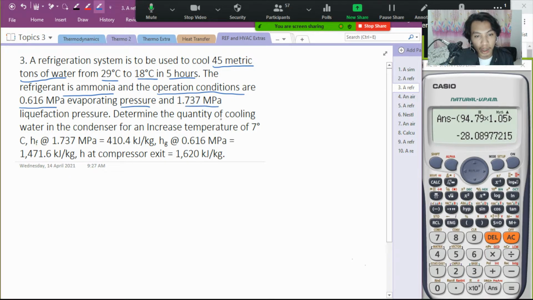Determine the quantity of cooling water in the condenser for an increase of 7 degrees Celsius. Daw yung delta T sa condenser. Tapos, HF at condensing, HG at 1 sa evaporator, compressor exit naman ito H2.